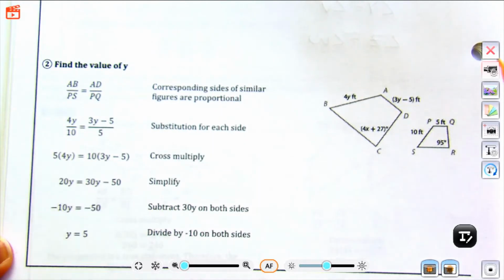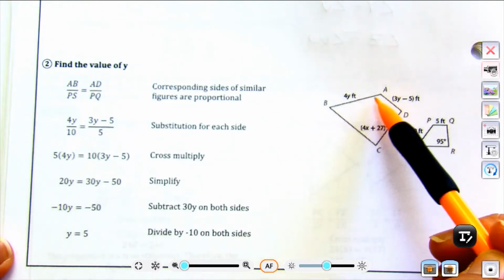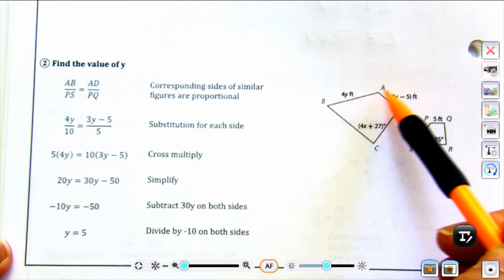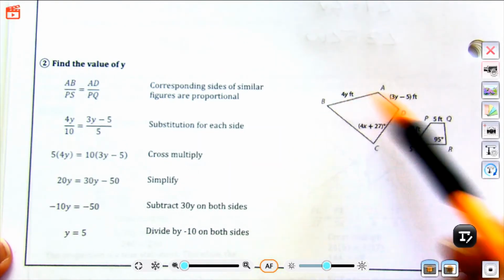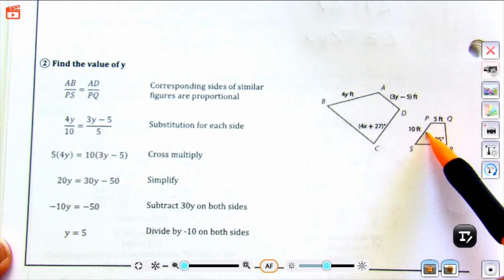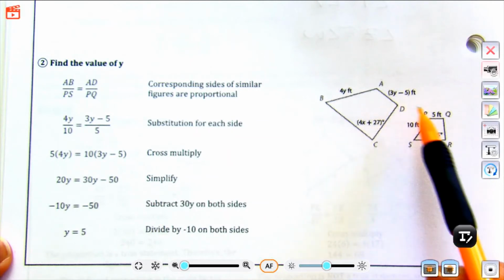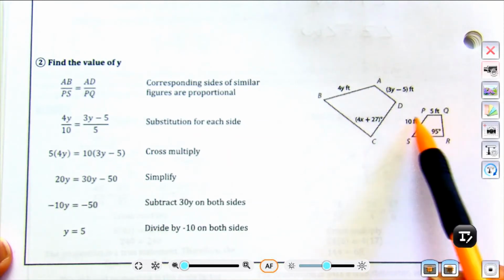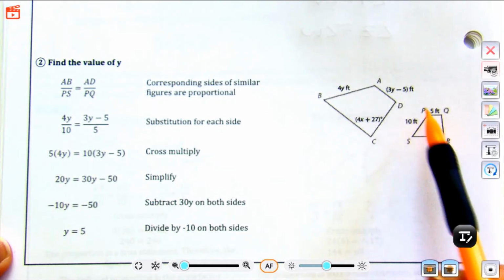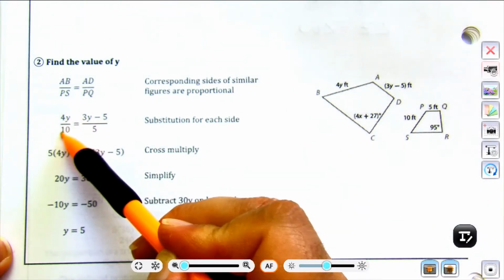We have AB. Now what side corresponds to AB? That will be PS. Then we have AD, and what corresponds to AD would be PQ. So substituting those values, you have 4y over 10 equals 3y minus 5 over 5.